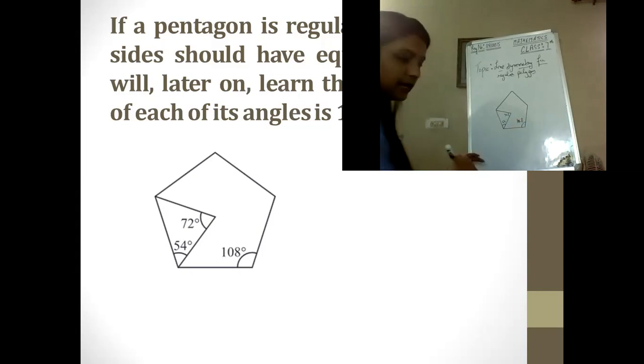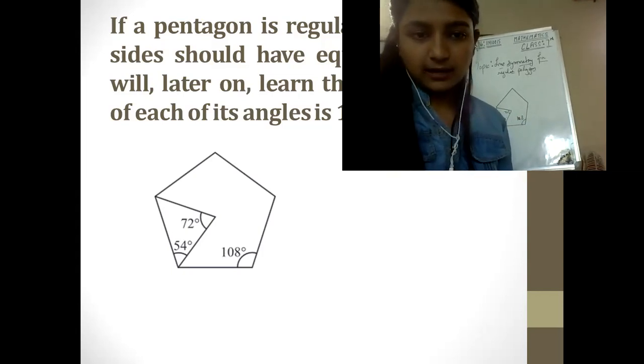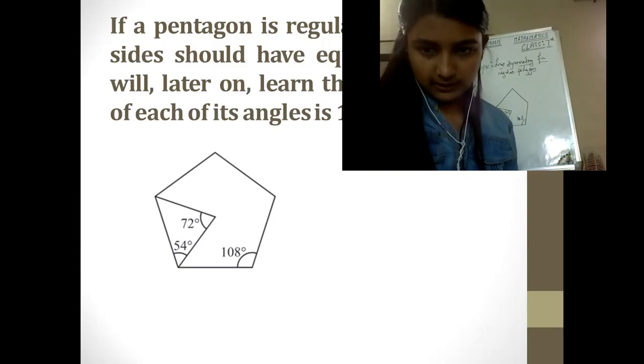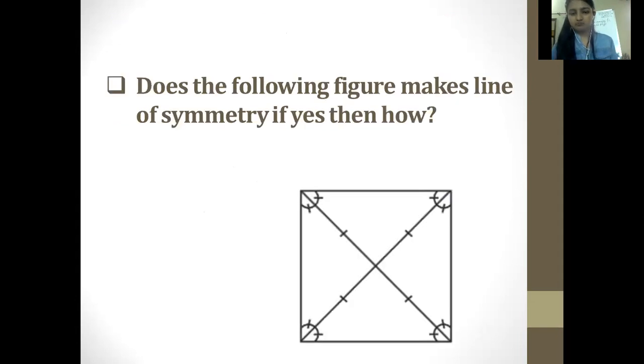So it is showing that, as the question said, a regular pentagon naturally has equal lengths and equal sides, where the angle at one vertex is 108. So this is what the question told us using this diagram.